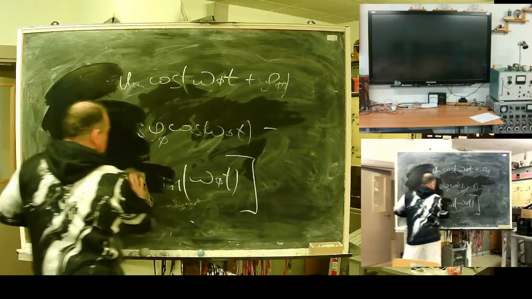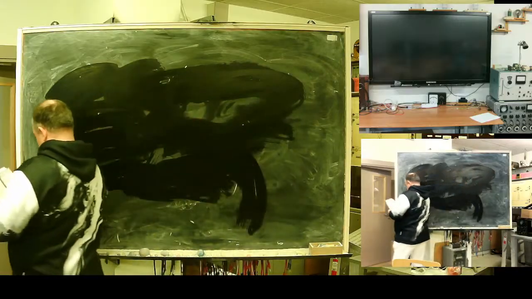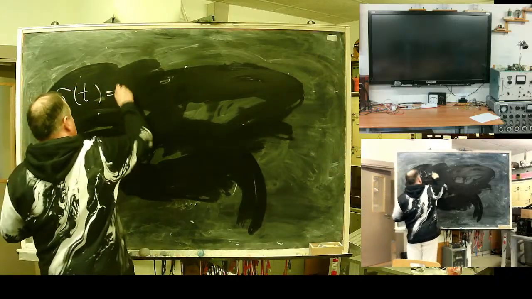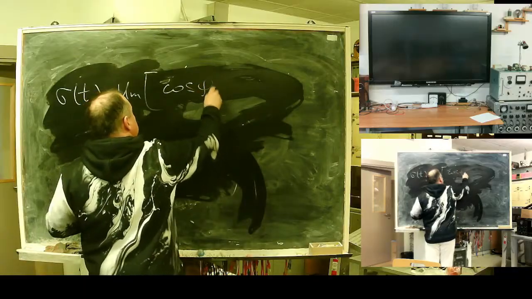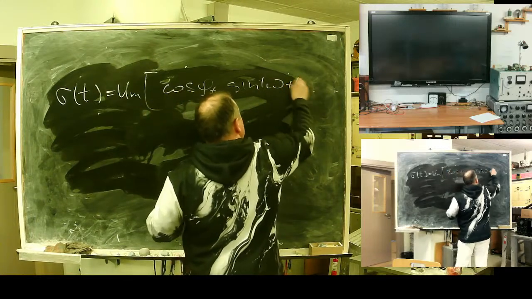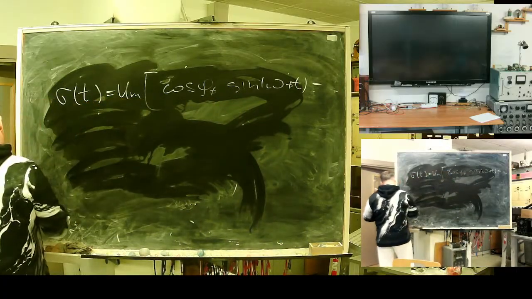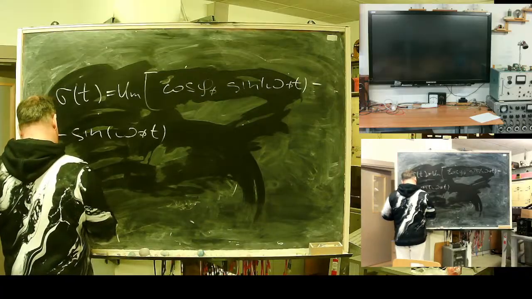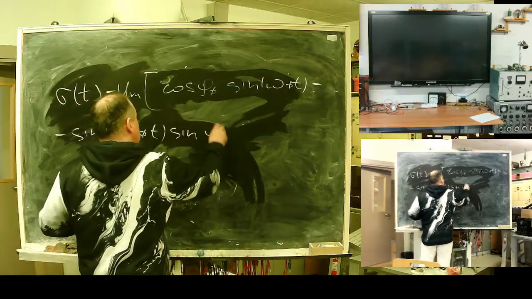The conjugated signal will be A max cosine phi 0 sine omega 0 t minus sine omega 0 t sine phi 0.